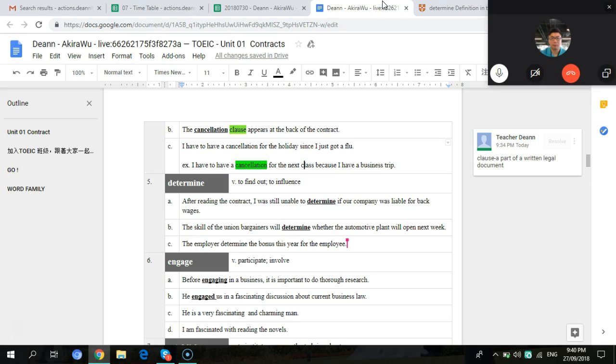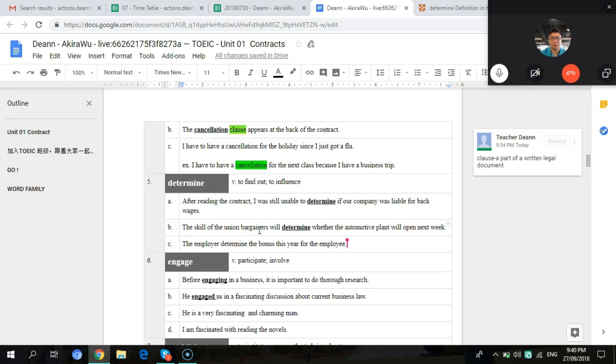Okay, so after reading the contract, I was unable to determine if our company was liable for back wages. So determine here means to find out or to influence? Okay, so that is to find out. Letter B, the skill of the union bargainers will determine whether the automotive plant will open next week.